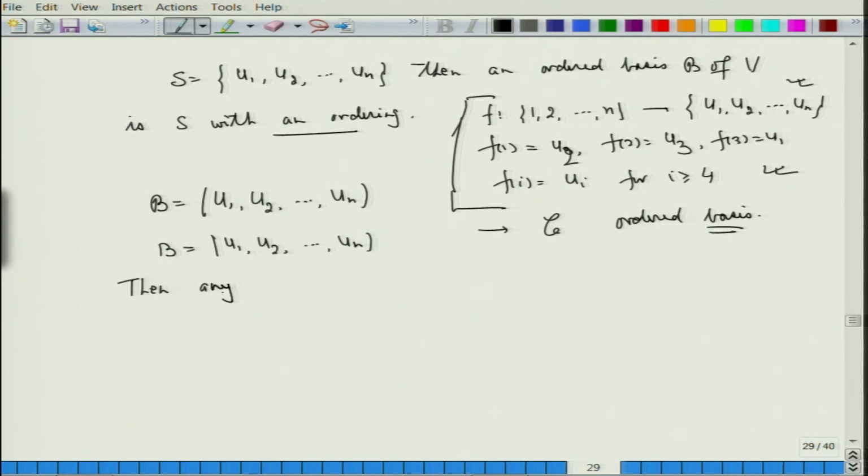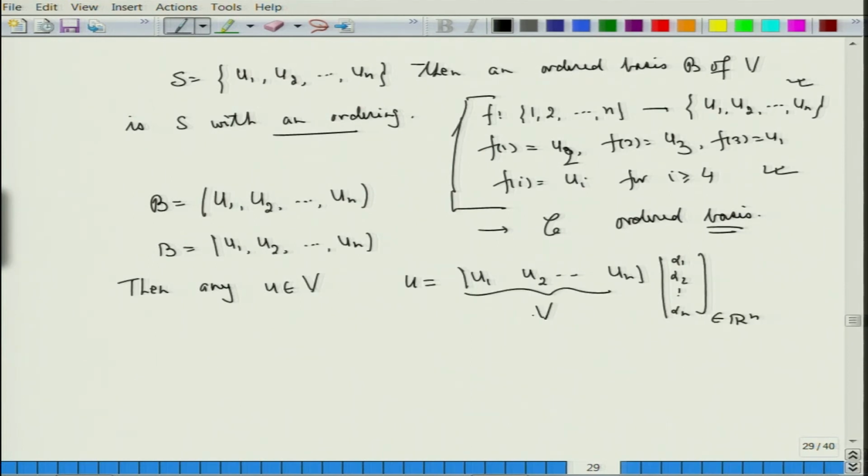Then any u belonging to V is of the type u1, u2, un times some alpha 1, alpha 2, alpha n. This is an element of Rn. This is coming from V as such, fine, and you write u of B as alpha 1, alpha 2, alpha n. This is the way we write.